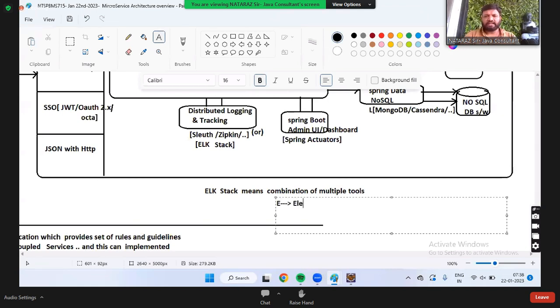E for Elasticsearch. L for Logstash, which is for logging purpose. Next, K for Kibana.